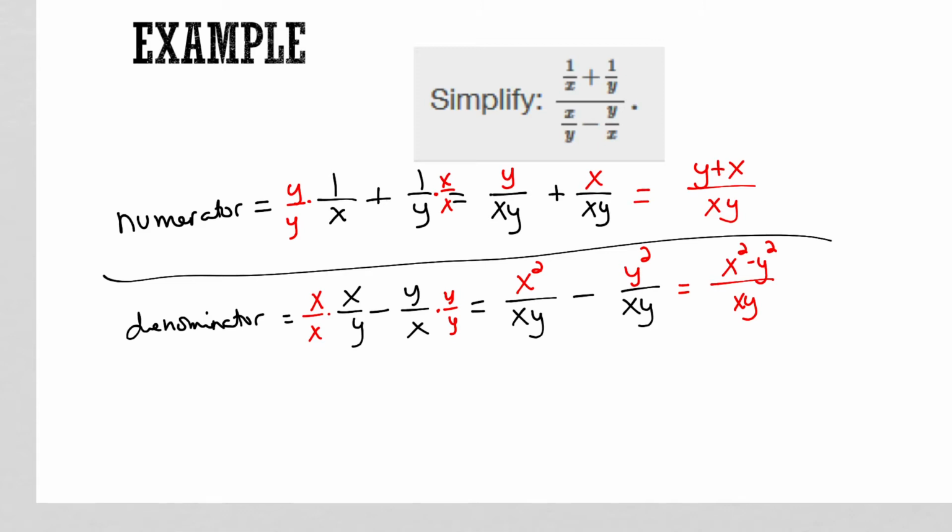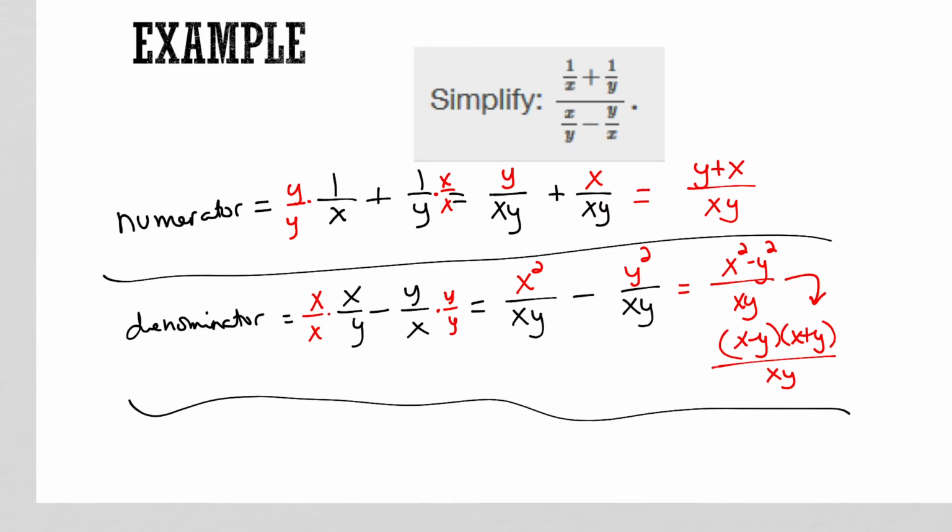Now, let's factor this guy right here. So I am going to write it down here. I've got x minus y and x plus y. Remember, it is a difference of squares here. So now this is our numerator divided by our denominator.